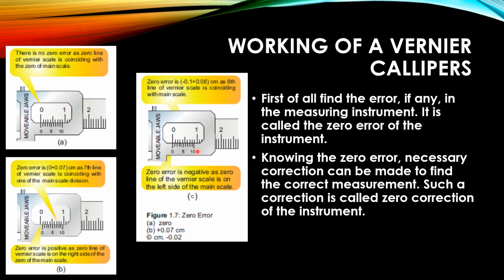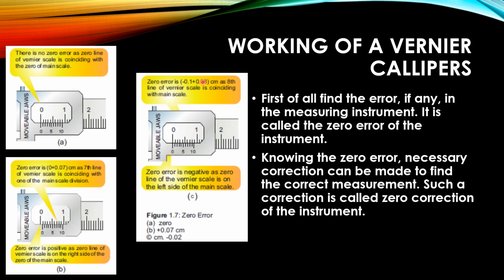In the next figure, we need to find out the negative zero error, and again we need to see the coinciding division. In this case the coinciding division is the 8th one, and the initial value was minus 0.1, as the zero of the vernier scale is slightly at the left hand side of the zero of the main scale.